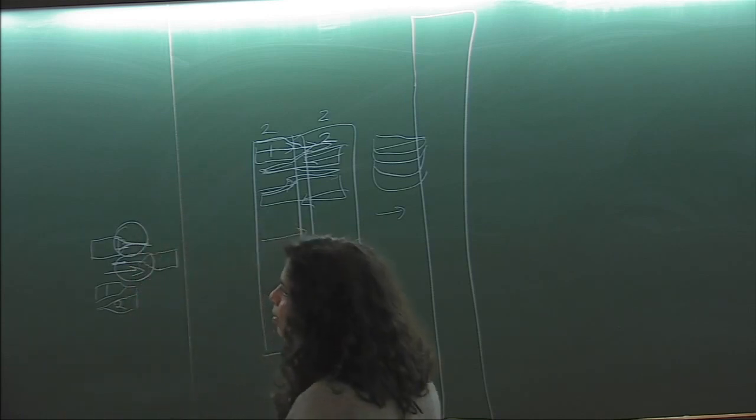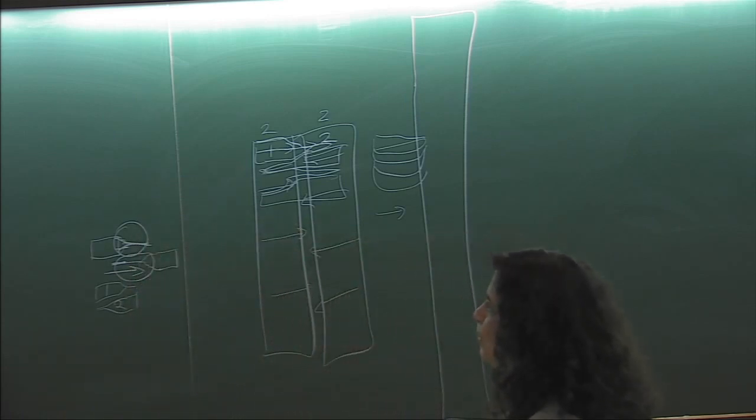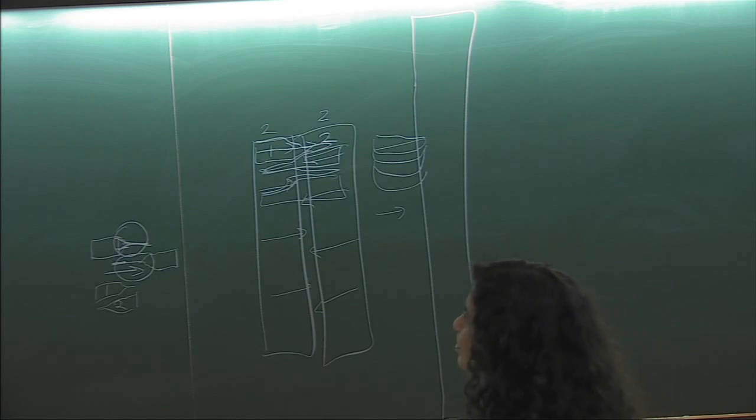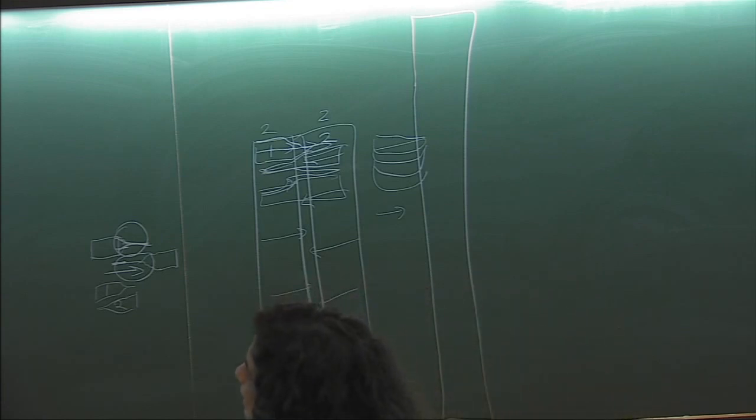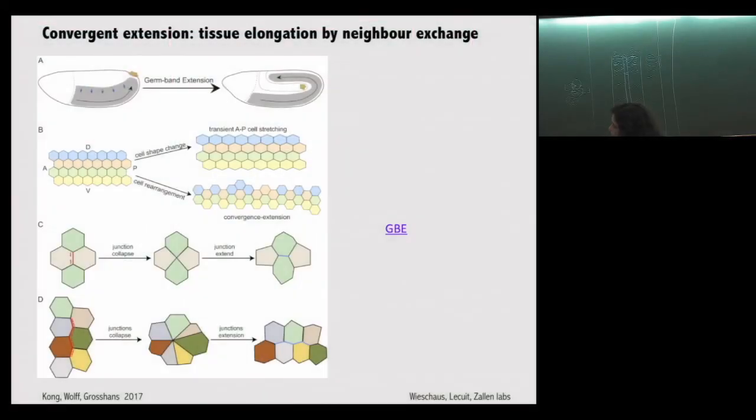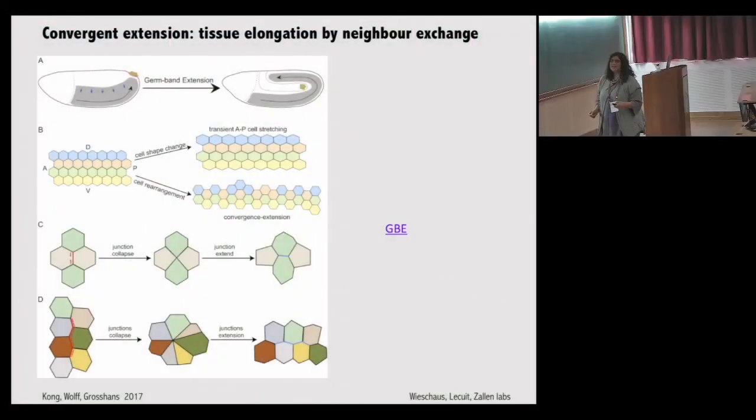This is another way by which you can do this, and this is what happens in this process that I just spoke about. And that is to actually take one of these interfaces that's formed at the point of contact of adjacent cells and shrink that interface to a point so that now the cells become oriented in this configuration, right?